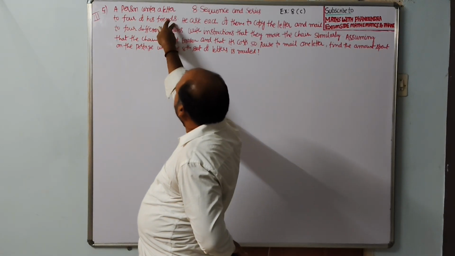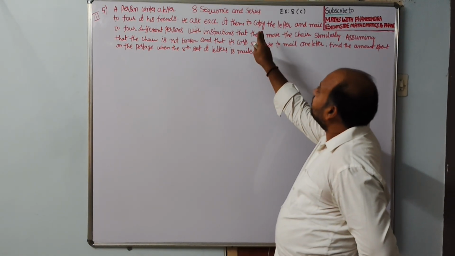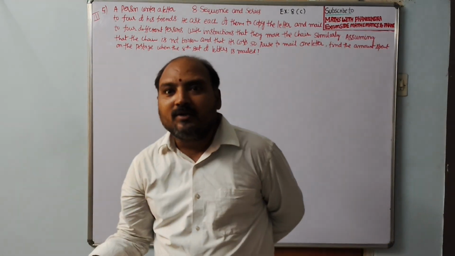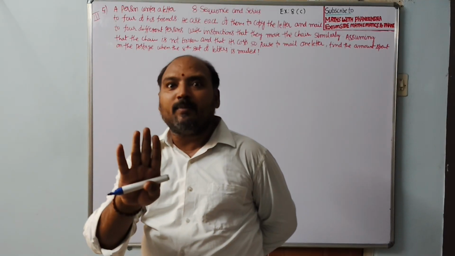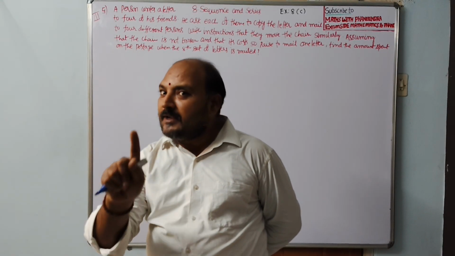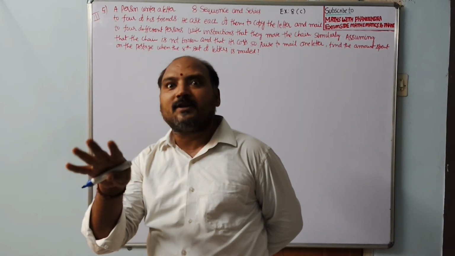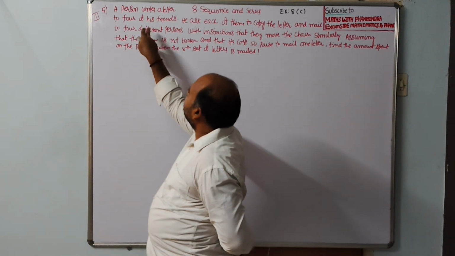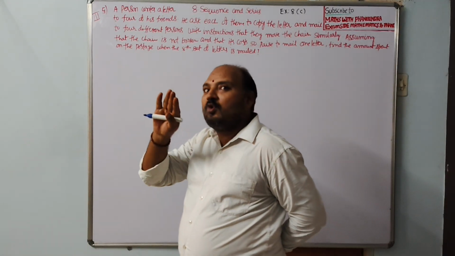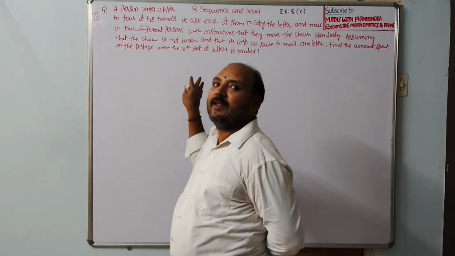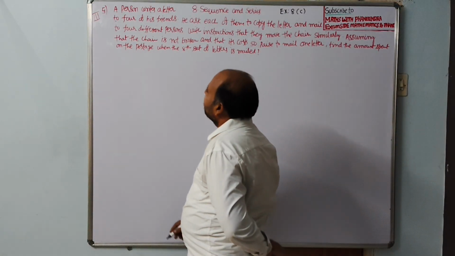To 4 of his friends, he asks each of them to copy the letter and mail to 4 different people. So in first stage, it will be 4. Again, each person mails to their 4 friends at a time 4. So 4 different persons. So 4 was increased to 4 square. Next 4 cube. Like this it will go on, dear students.